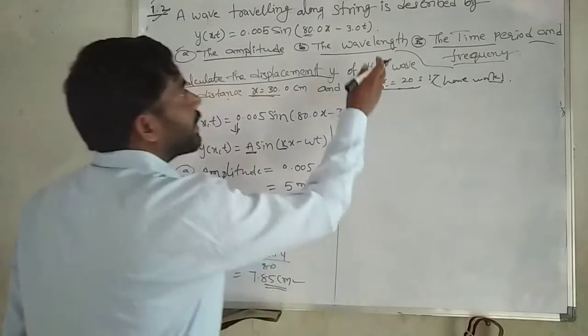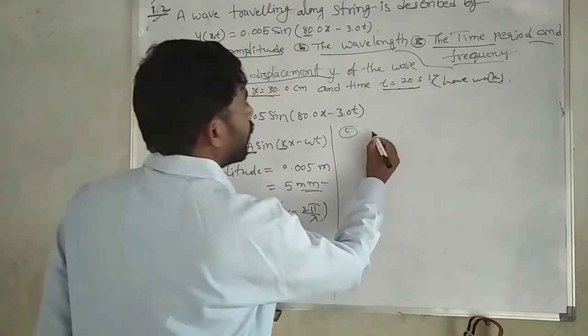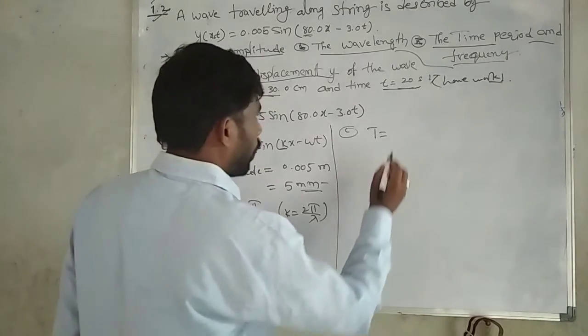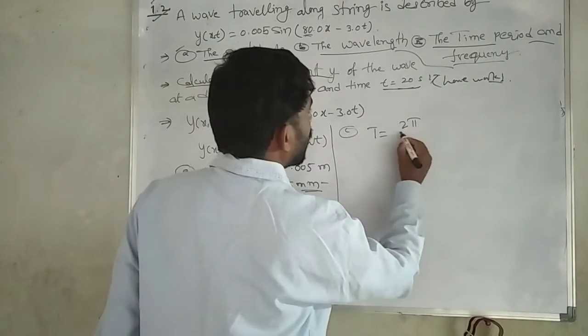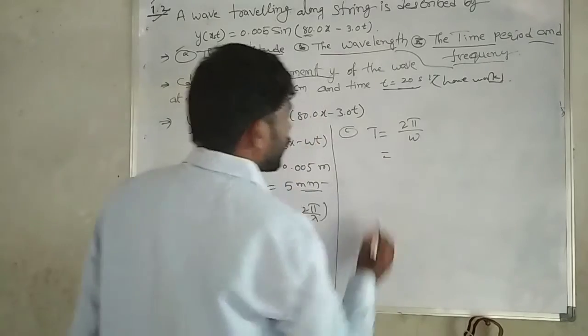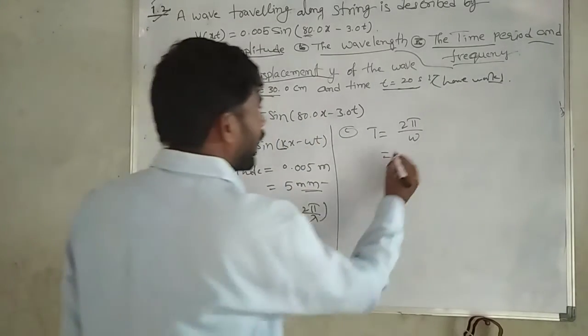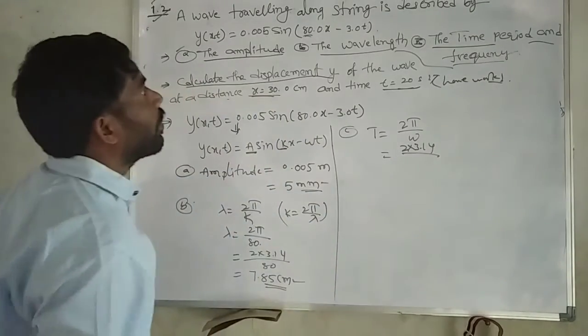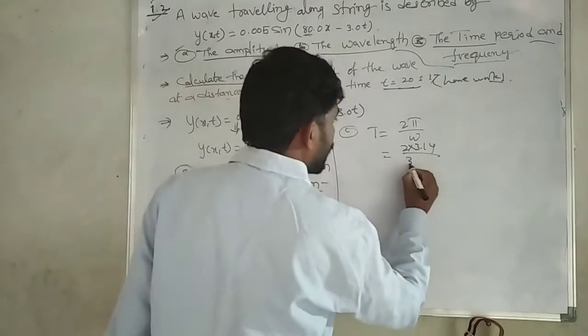Then C. The C one is time period. Time period T equal to 2π by omega. Same, 2 into 3.14. What is the value of omega? 3.